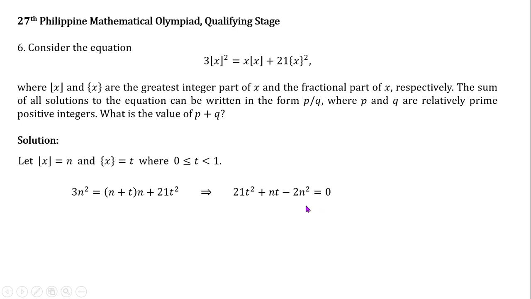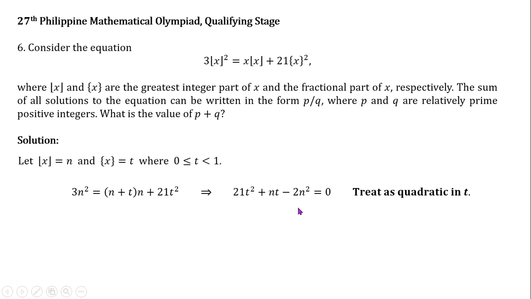Now, let us treat this one as a quadratic in t, because if we do this, we can come up with an equivalent expression for t that contains n. Now, if we can do that, then using this inequality, t greater than or equal to 0 but less than 1, we can determine the possible values of n.